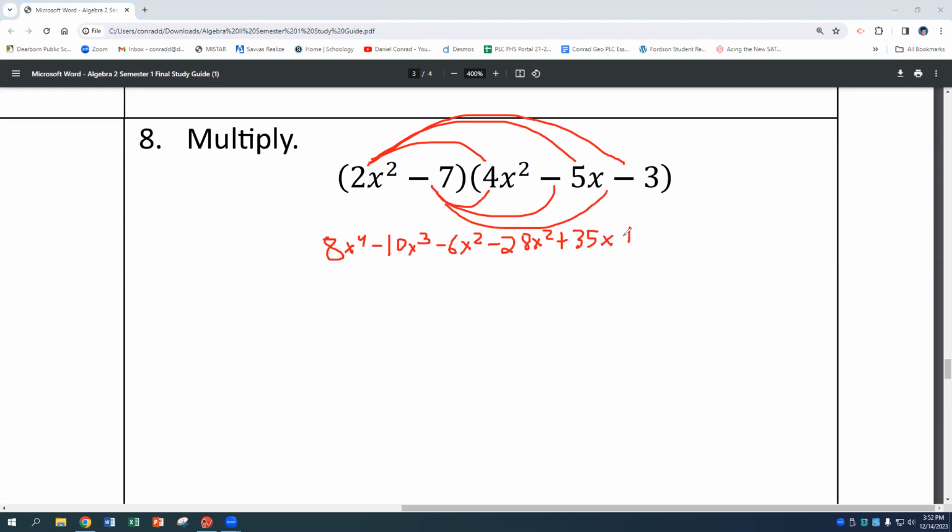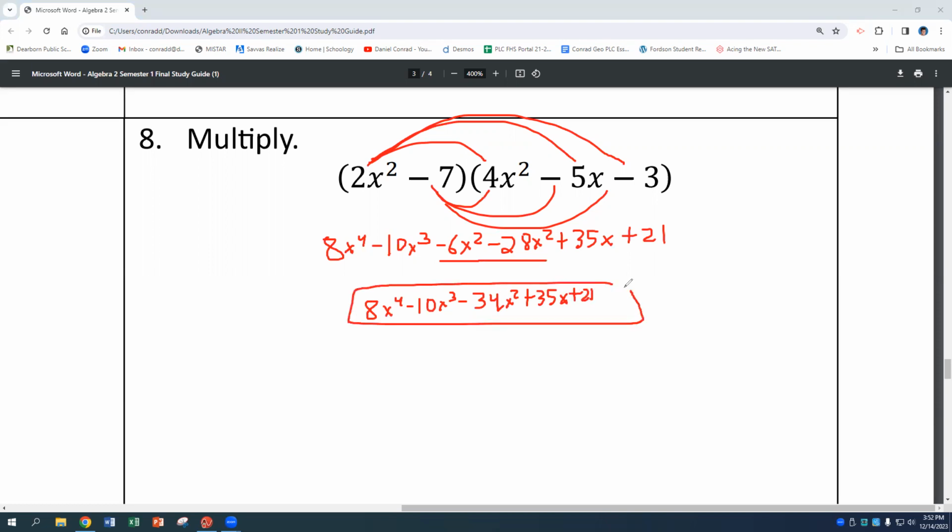Plus 21. We just got to combine like terms. All we can combine are the two in the middle here. So you have 8x to the fourth minus 10x to the third minus 34x squared plus 35x plus 21. And there is my solution.